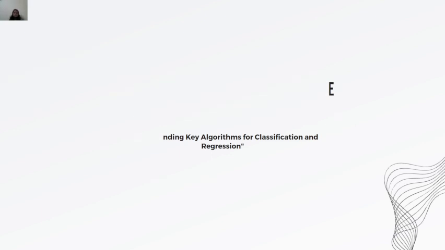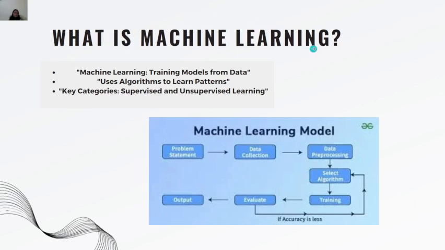So what is machine learning? Before we dive into the algorithms, let's briefly understand what machine learning is at its core. Machine learning involves training a model to learn from data and make predictions or decisions without explicit programming. There are two major categories of machine learning.